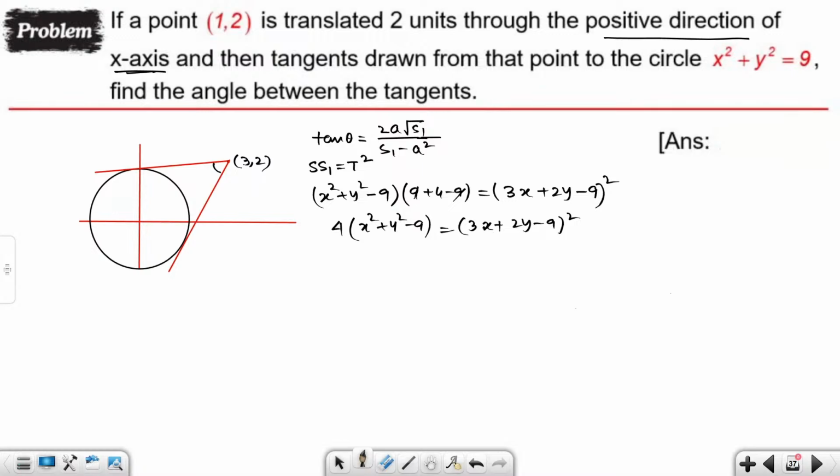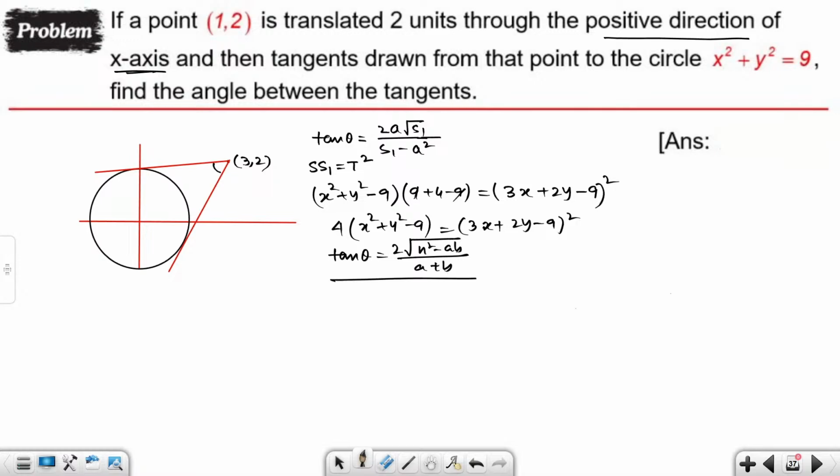Now, sir, what to do? Since it is the combination of 2 tangents, it represents a pair of lines. And we know that when the angle between a pair of lines is given by the general second degree equation, the angle between them is tan theta equals 2 root over h square minus ab divided by a plus b.